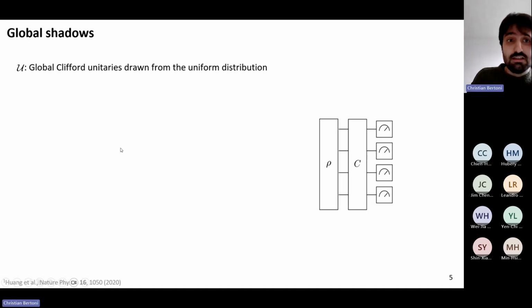So the first ensemble that is considered in the original classical shadows paper is what is called global shadows. So here the unitaries are all Cliffords, and they are drawn from the completely uniform distribution over the Clifford group. And these are global Cliffords that we apply to our state and then we measure in the computational basis.